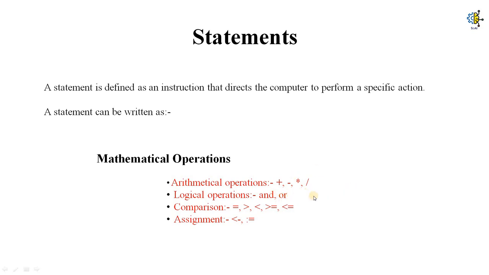If the condition is true, then also we will move to the second condition, and if the first condition is false, then also we will move to the second condition. In comparison, we have equals, greater than, smaller than, greater than or equal to, smaller than or equal to. And for assignment, we have this arrow sign and this equal with colon.